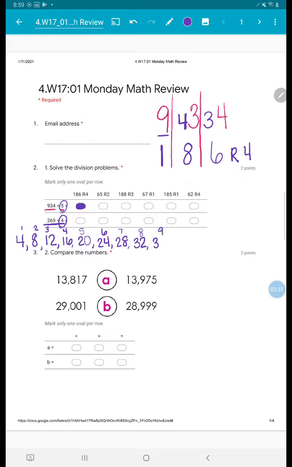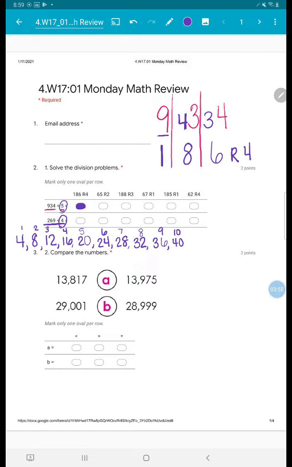And 9 times 4 is 36. I can go ahead and write 10 times 4 is 40, but we won't need that. So now I can look at that as a reference so that I don't have to spend so much time trying to figure out the facts that go with what I'm dividing.